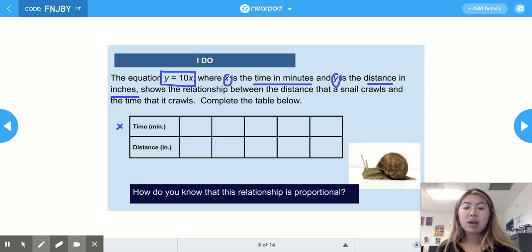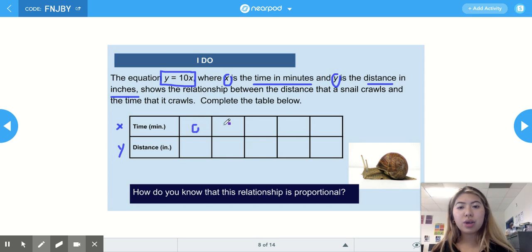Usually time is our independent variable, and that makes y our dependent variable, which is represented by distance in inches in this case. So I can plug in any x value. So I'm just going to say 0, 2, 5, 7, 10.